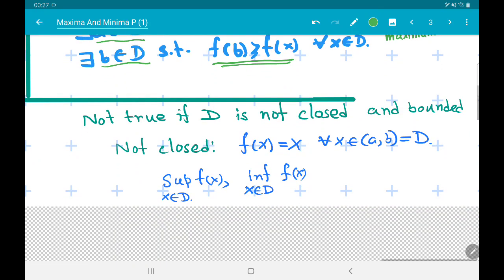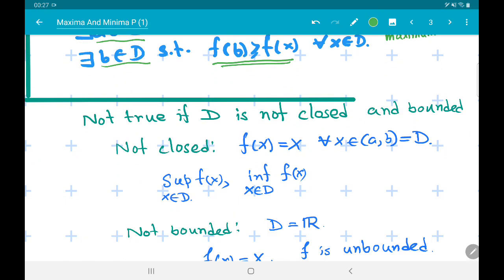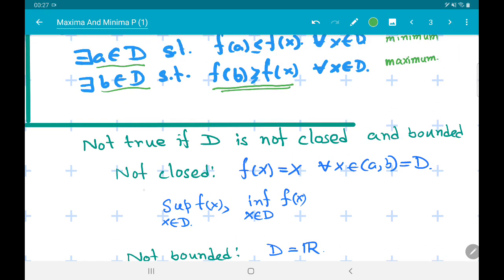So what are counter examples? Suppose I want to look at a counter example where the subset D is not closed. For example, you could take D to be the open interval (a, b), and you could take f of x equal to x, the identity function.